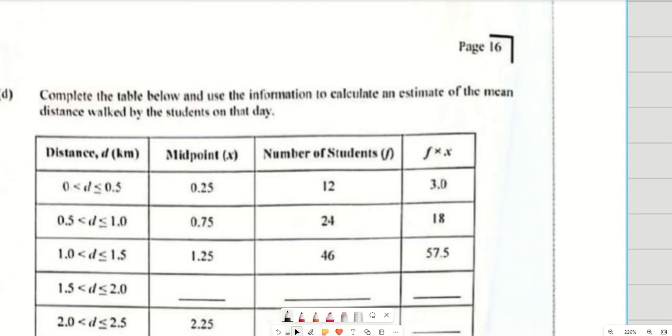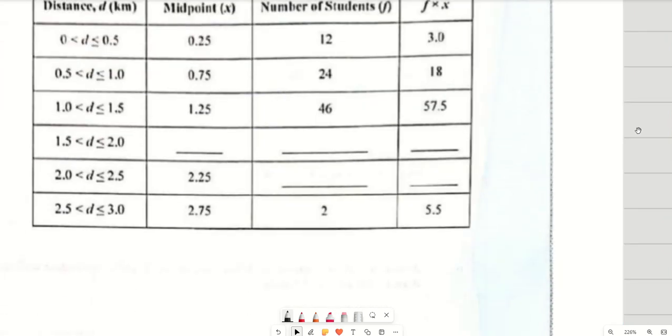Complete the table below and use the information to calculate the estimate. Okay, so first off, we need to find the midpoint between 1.5 and 2.